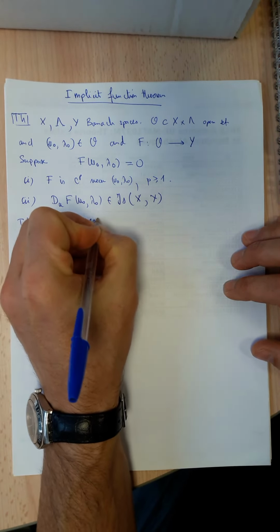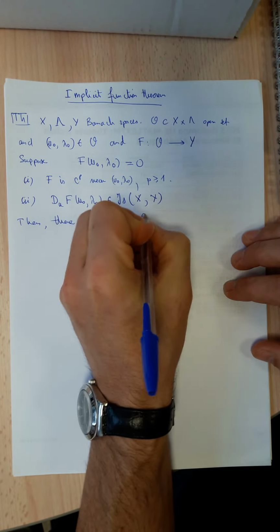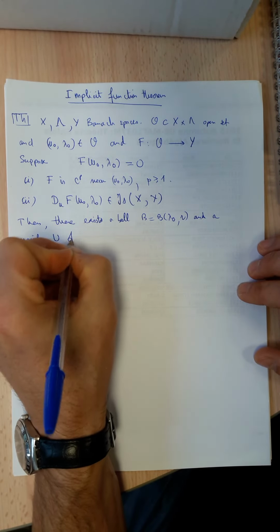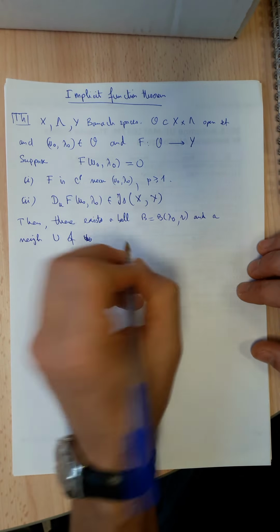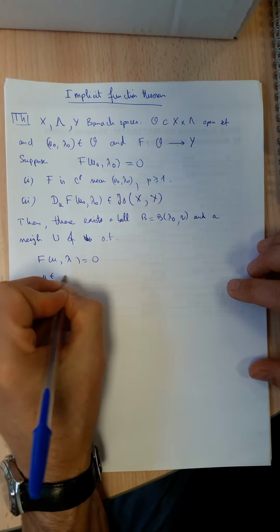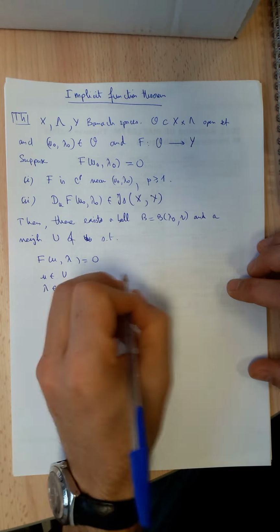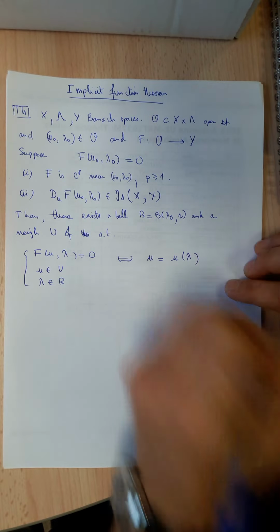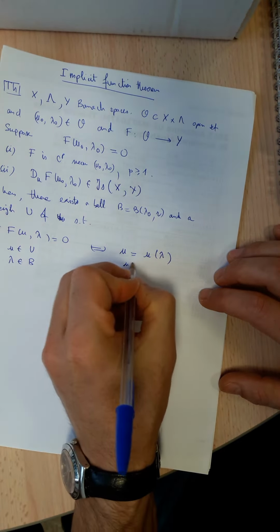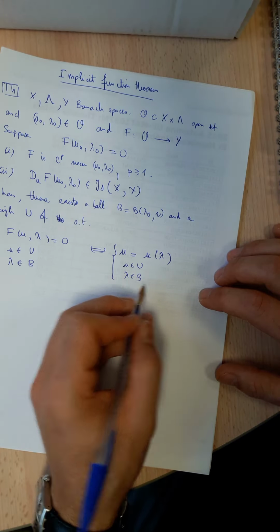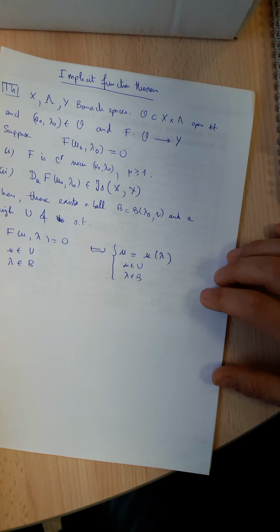that there exists a ball in parameter space, let's call it B, centered at λ0 and of radius r, and there also exists a neighborhood, capital U, of the point u0, such that solving the equation f(u, λ) = 0 whenever u belongs to U and λ belongs to B is the same thing as asking that u is a curve depending on λ, still for u in U and λ in B. I say a curve because I'm thinking of the parameter space as being one-dimensional, but it could be many-dimensional or even infinite-dimensional.